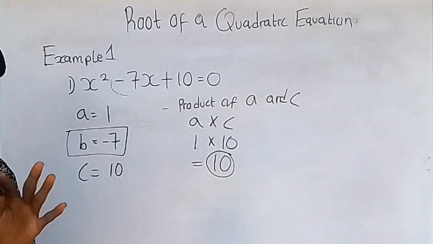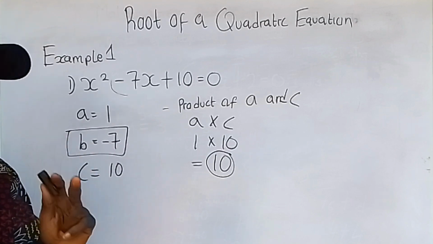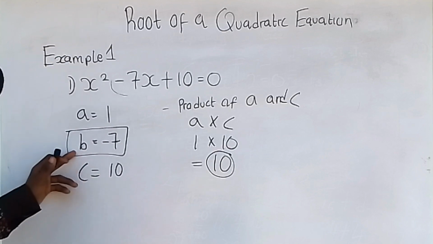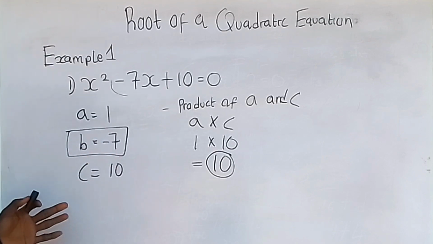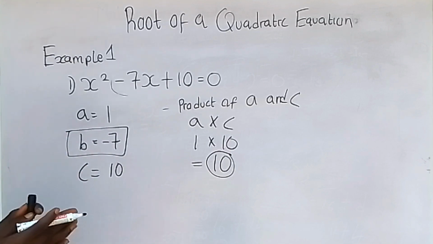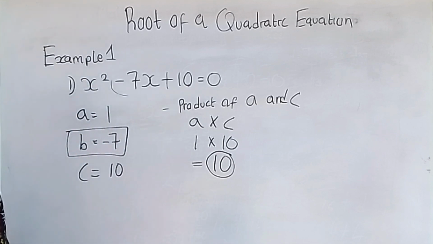Think of two numbers that multiply to give 10 and add to give your second term, which is minus 7. In that case, let us think. What are the two numbers that add together to give us minus 7 and multiply to give us 10?